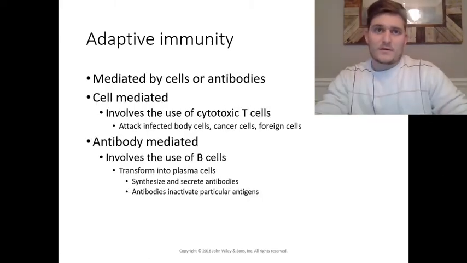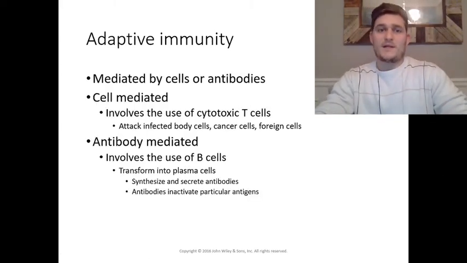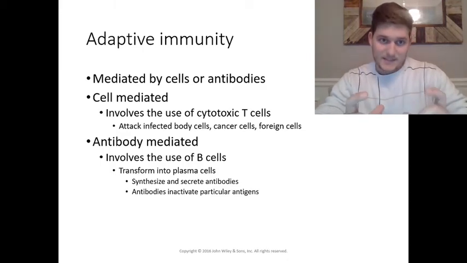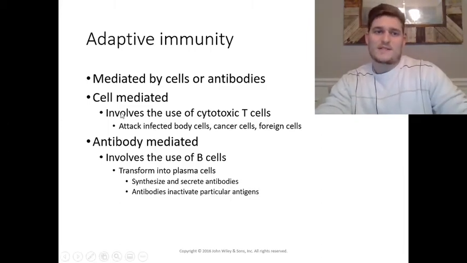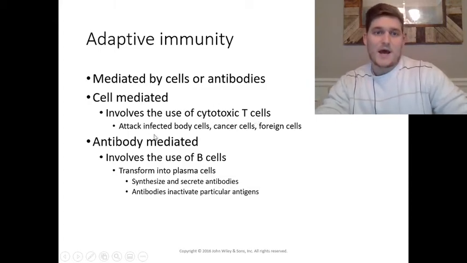And so either the threat is going to be eliminated by cytotoxic T cells or by antibodies produced by B cells. And so cell-mediated adaptive immunity is using those cytotoxic T cells. They attack the infected body cells or cancer cells or foreign cells that we need to get rid of.